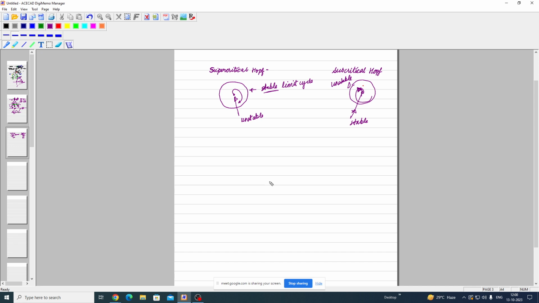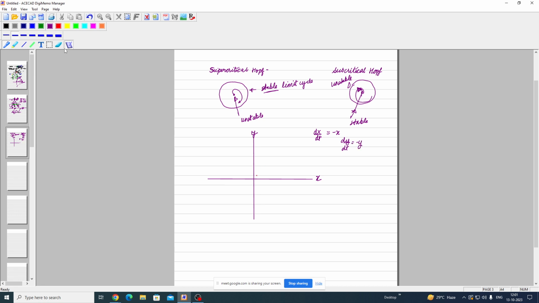So let's say this is x and y and we are dealing with a situation where dx by dt is equal to minus x and dy by dt is equal to minus y.